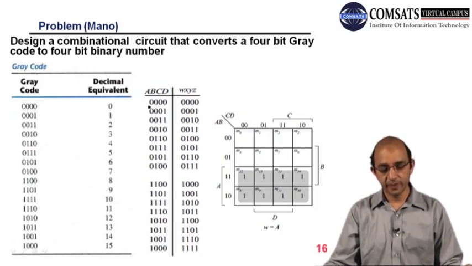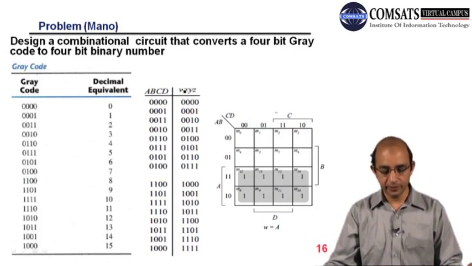So you can see we have labeled the gray code as an input having variables A, B, C, D, and then we have labeled the converted binary as W, X, Y, Z. So this is the input, and this is the output. So we will be solving them one by one.